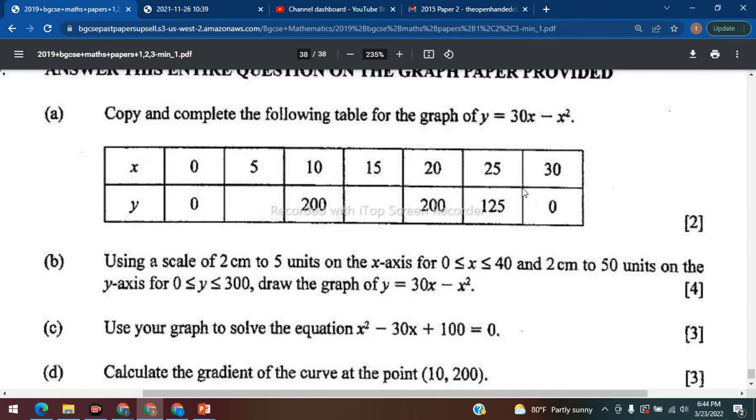The only difference between this and this is, they're so similar. 30x minus x squared is so similar to this. The only thing we really do is add the 100.